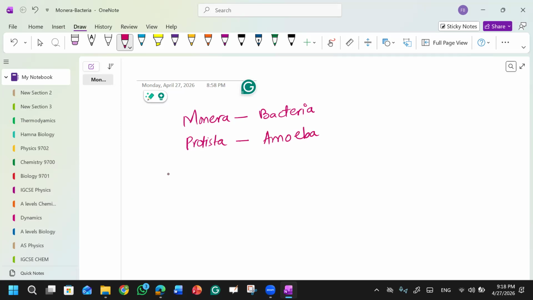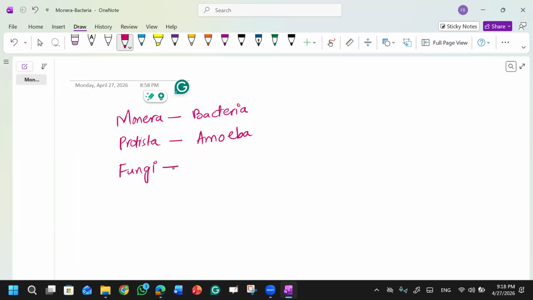Then you have kingdom fungi. Do you know any organism in the kingdom fungi? Yeast, mushrooms. Yes, mushrooms, yeast. Then kingdom Plantae, in which you have plants.